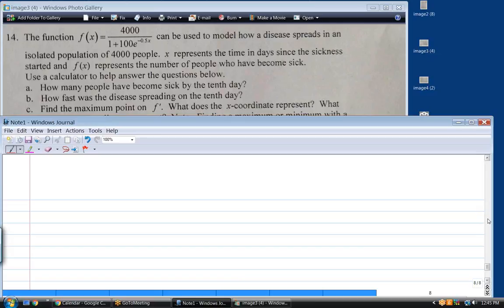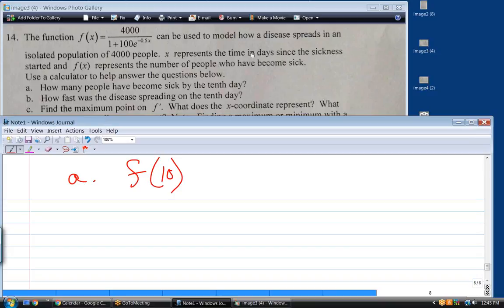All right. It says use a calculator to answer the questions. How many people have become sick by the 10th day? Where am I going to plug in 10? In other words, answer A is f of 10. 10 is x. Okay.